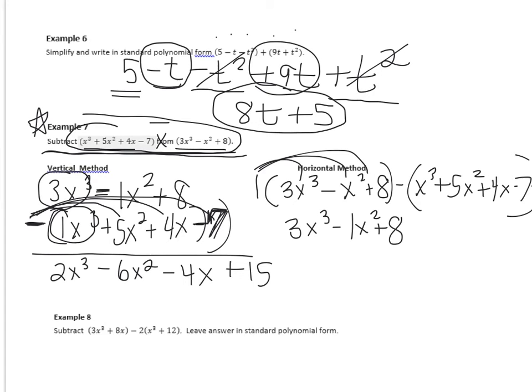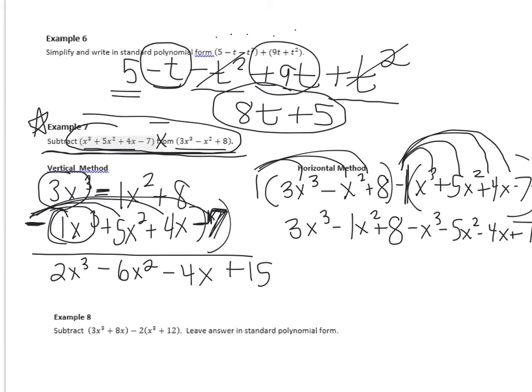But here, what you're really doing is distributing a negative 1 through these parentheses, which makes this first term a negative x to the third. It makes this second term a negative 5x squared. It makes this third term a negative 4x. And it makes this fourth term a positive 7, because a negative times a negative is a positive.